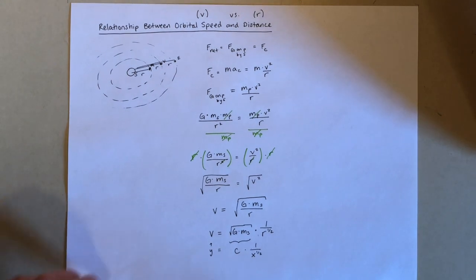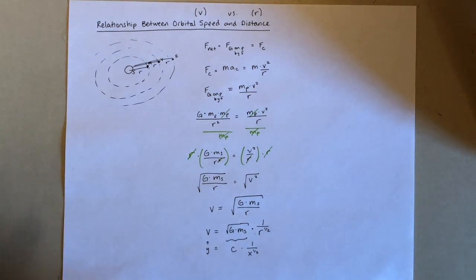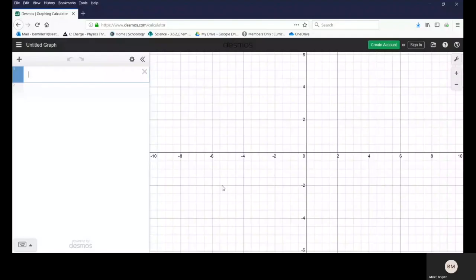So you might be wondering, what does this graph really look like? And one good way to visualize the graph is maybe to use a graphing software like Desmos. So I'm going to pull that up so that you can see what this graph would look like. Okay, so here I am on Desmos, and our equation was y equals some constant value. We don't really care what that value is.